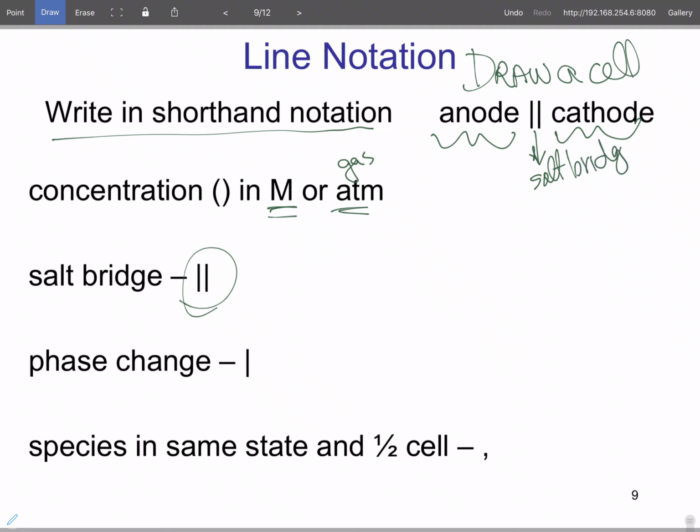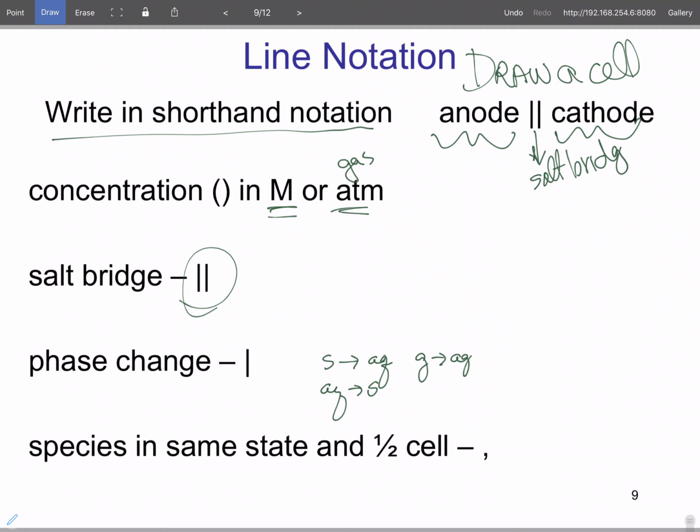If you have a phase change, that means you go from solid to aqueous, or aqueous to solid, or gas to aqueous, whatever. It doesn't matter what the phase change is, then you use a straight line. If they're in the same state in the half cell, you would use a comma.